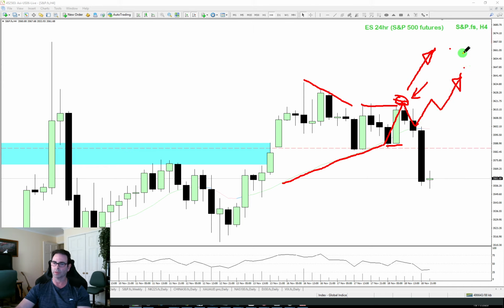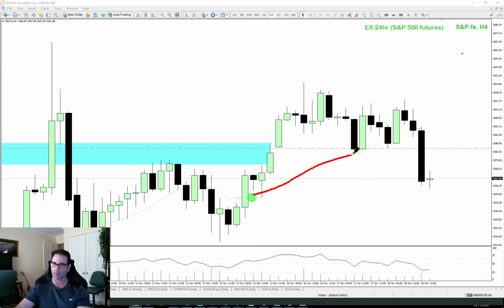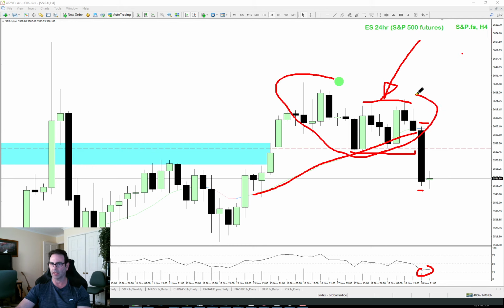But notice we had the pullback, but then the last 4 hour candle on volume has basically broken and negated this pattern. So any short-term bullish sentiment from this pullback is kind of wiped out now, isn't it?